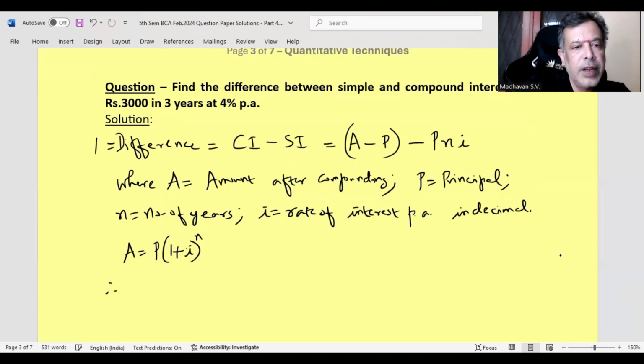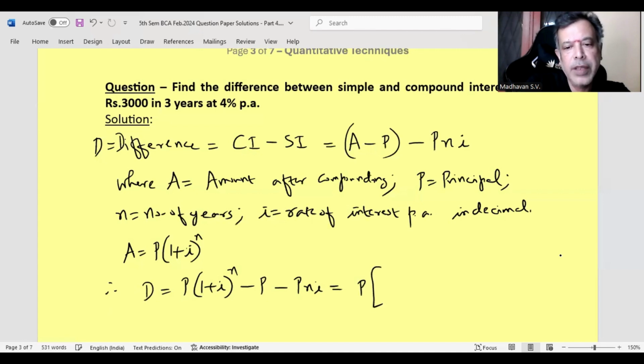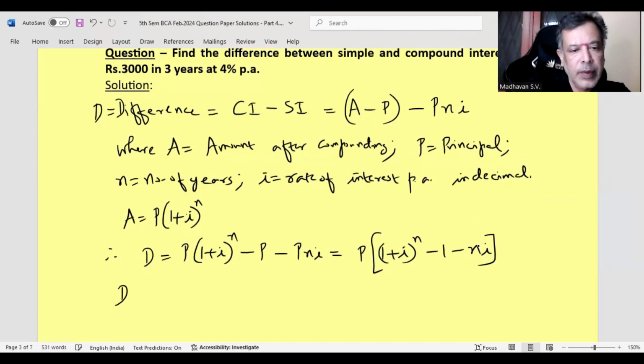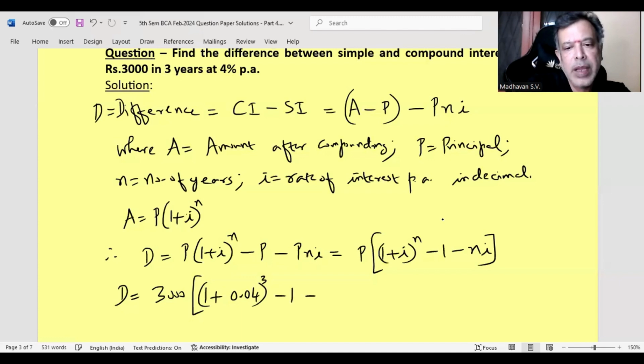Therefore, let me call this difference D. So D will be P times 1 plus I to the power of N minus P into N into I. P is common in everything, so we can write P times 1 plus I to the power of N minus 1 minus N I. Principal is given in the question as 3000, rate of interest is 4%, so 0.04, number of years is 3.